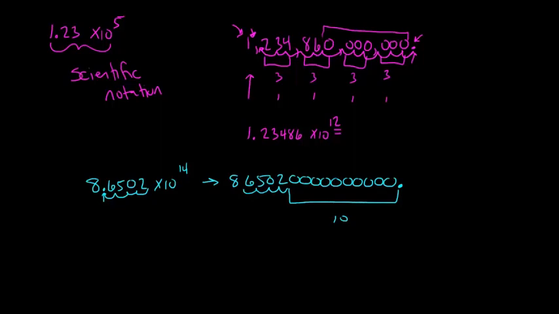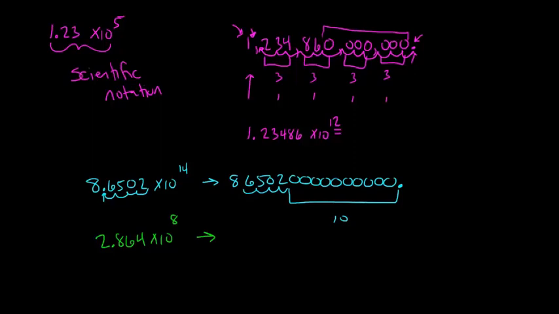Let's look at one more example of this before we examine how to write scientific notation for really small numbers. Let's say we have something already written in scientific notation: 2.864 times 10 to the 8th. We can convert this to standard number format.